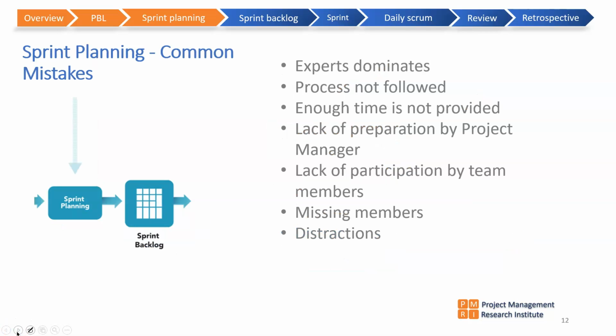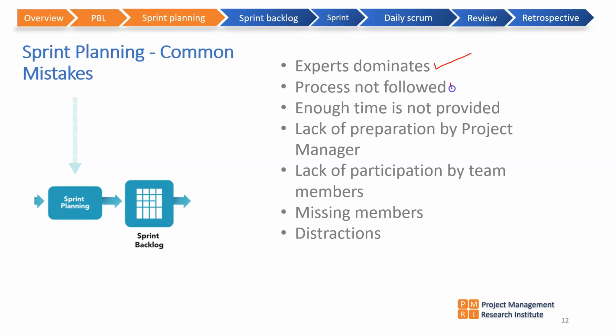Some of the common mistakes people make while performing sprint planning meetings are these. Since we said it's a self-organizing team, sometimes experts dominate, throwing out all the estimates they decide and not allowing others to contribute.